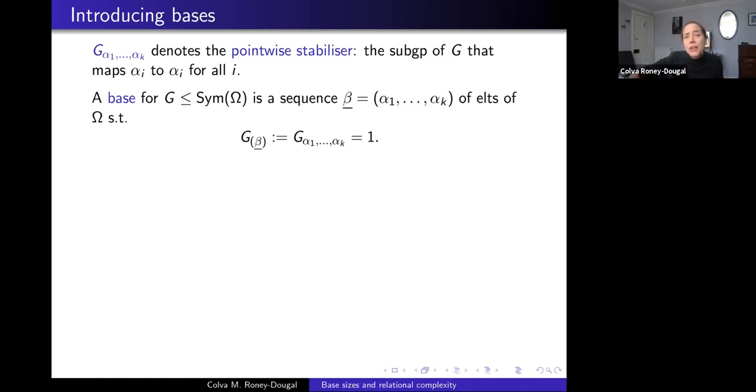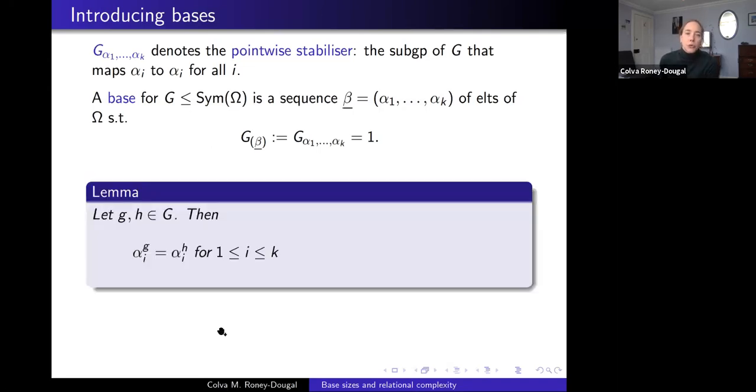So there's two ways you can think about this. You can either think of it as I first of all find the subgroup of everything that fixes the first point, and then inside that stabilize the next point, and then inside that stabilize the next point. Or you can think of it as I take the stabilizer of the first, the stabilizer of the second, and so on, and then I intersect all of them. Different people prefer to think about it different ways, and for different purposes, it's easier or harder to think of it either way around.